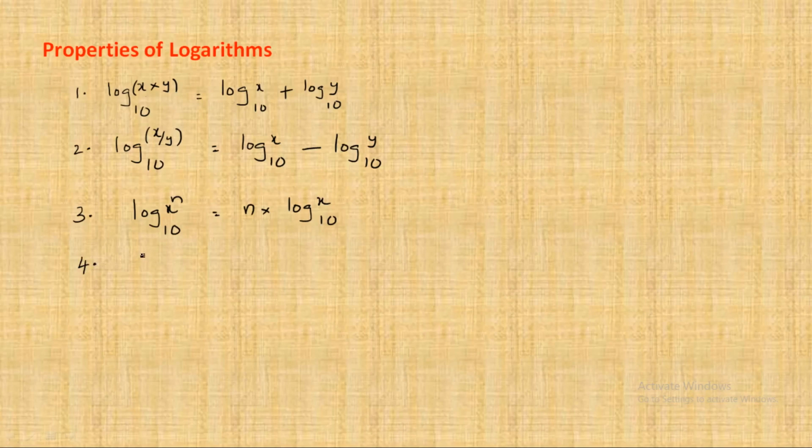Fourth one is logarithm of a number to the same base is always equal to 1, and we have written some values: logarithm of 1 to the base 10 equal to 0, and we have one special formula, that a power log n base a is always equal to n. So these are the properties of logarithms which we are going to use.